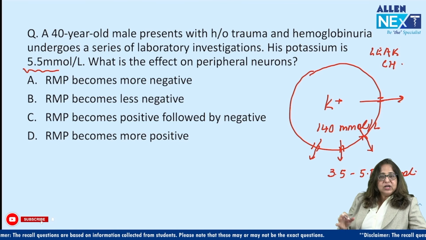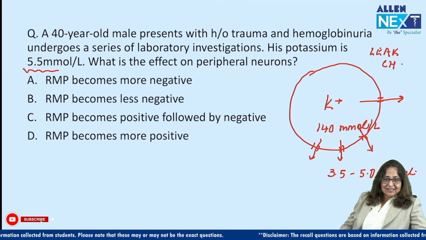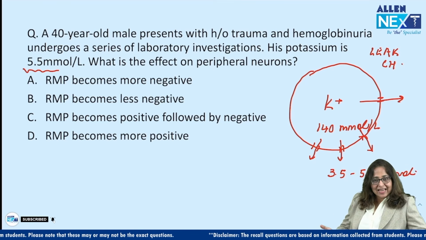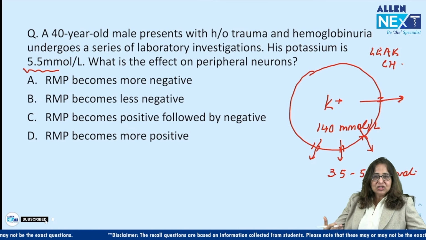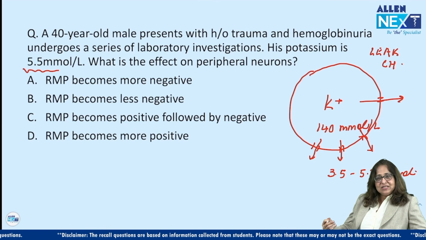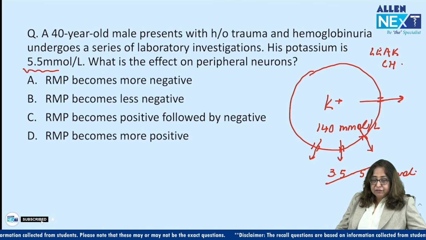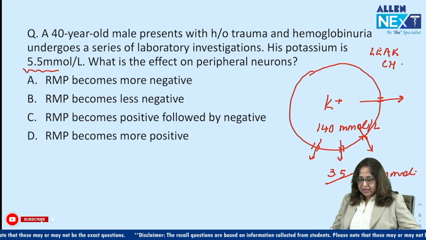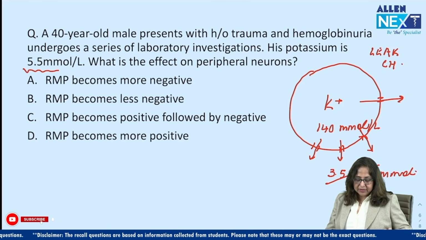Loss of positive charge creates a negative potential inside the cell. So resting membrane potential is negative inside the cell with respect to outside. And how much is that? Usually minus 70 millivolts for most neurons. Now, if the ECF potassium increases, there is hyperkalemia.